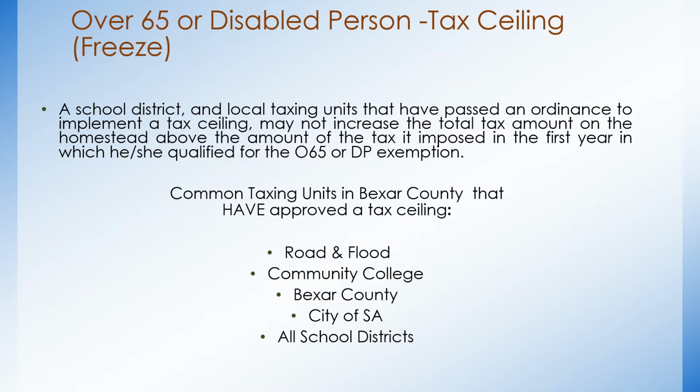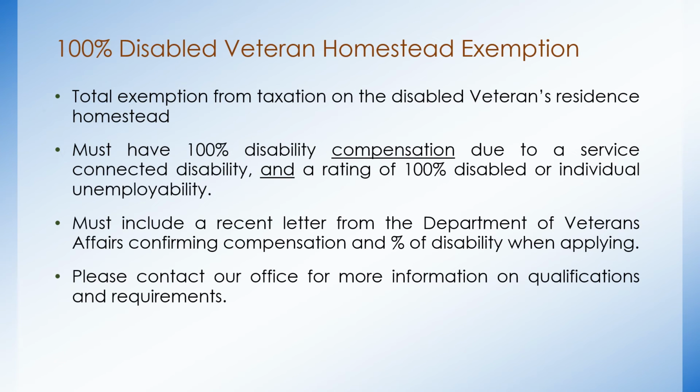Therefore, when there is a value change, a small increase on your tax bill will be seen. Keep in mind that new additions to your home, like a pool or an extra room, will be an addition to your tax ceiling.